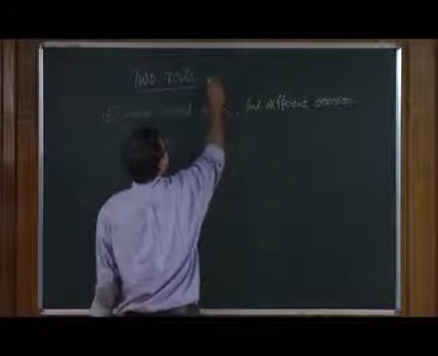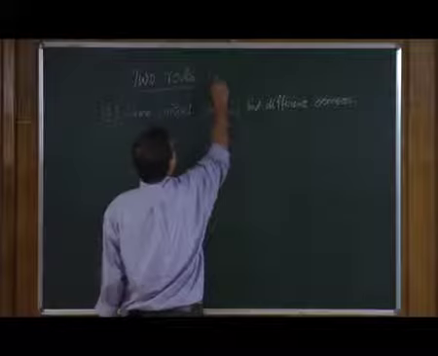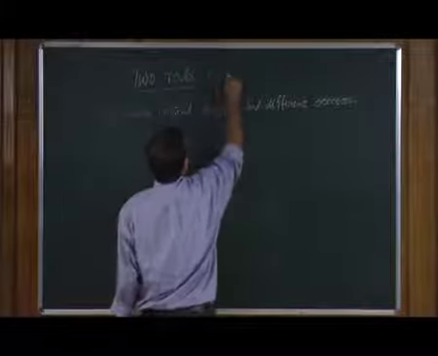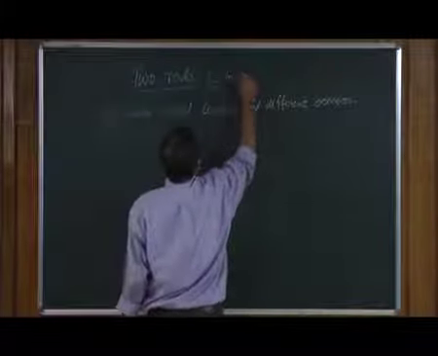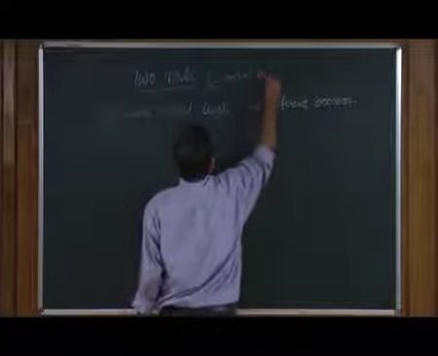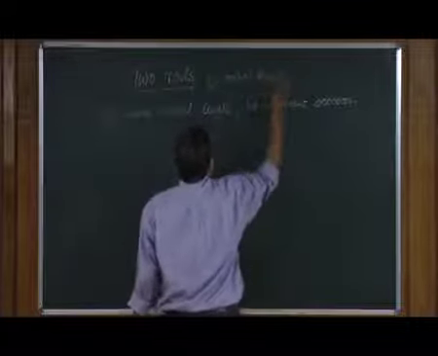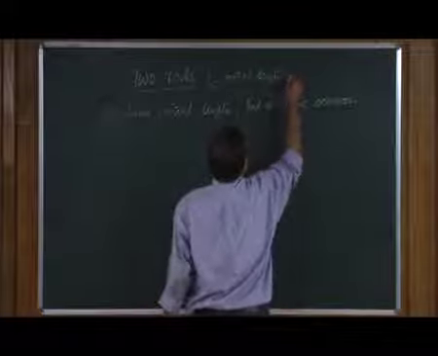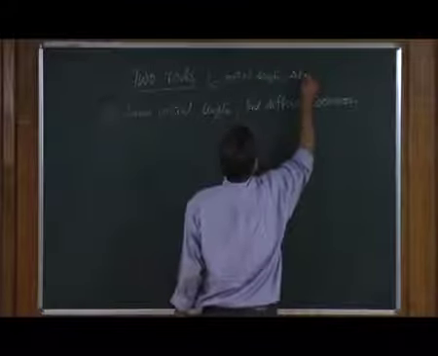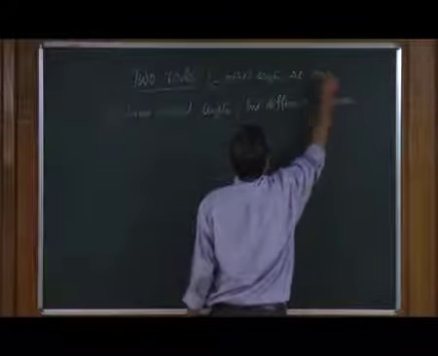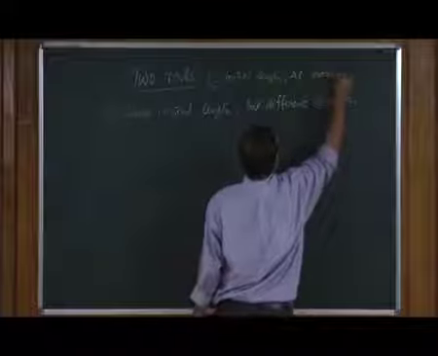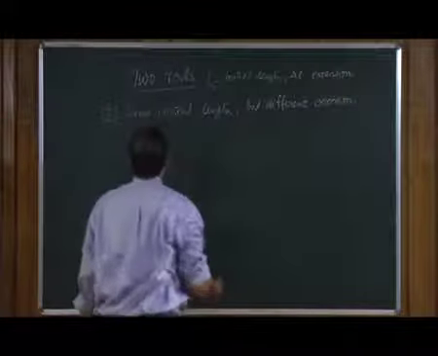To make matters even clearer, let us call L0 the initial length, delta L the extension.